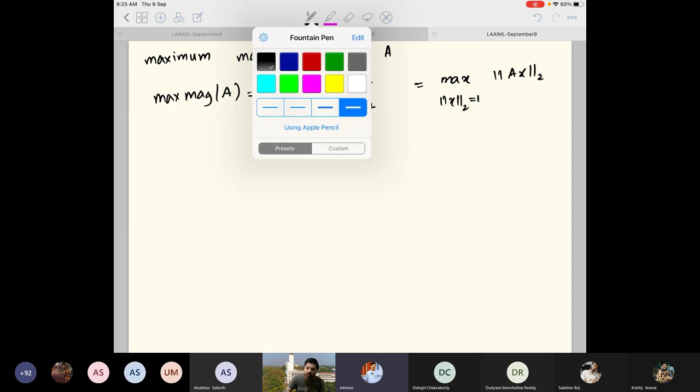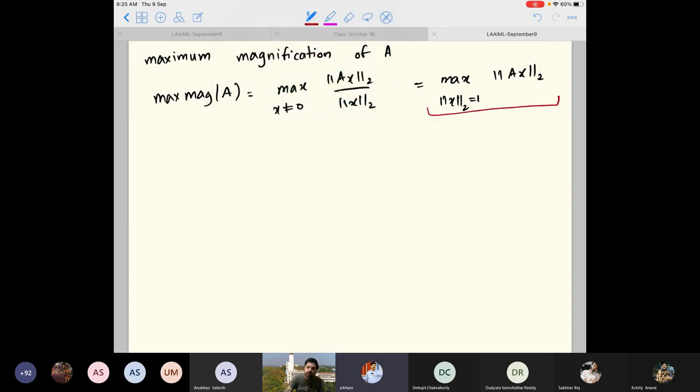This second part is going to enable us to visualize geometrically what is really happening.